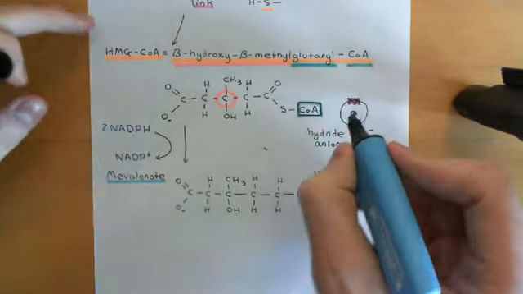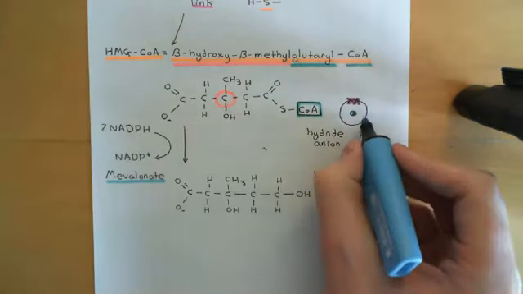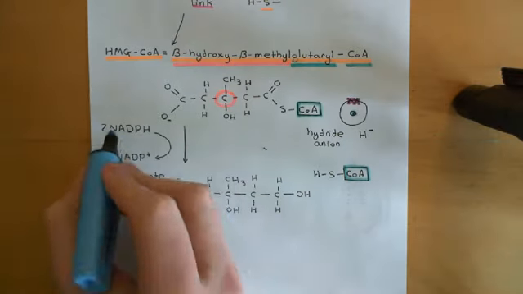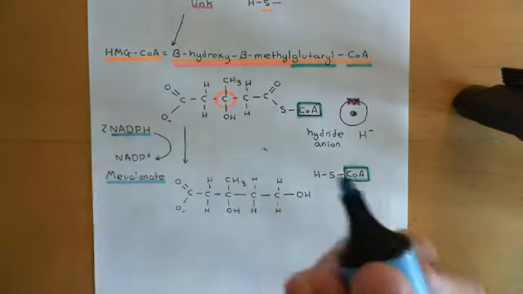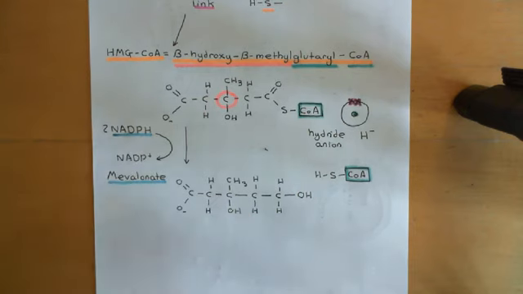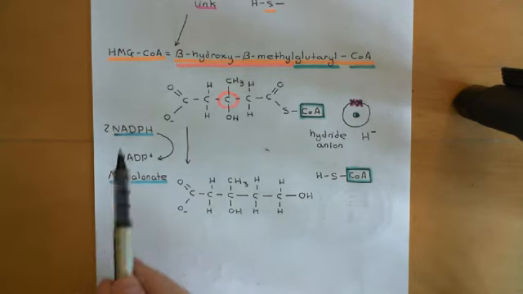Now, the normal unreduced NADP molecule has a positive charge. Therefore, when you combine it with the hydride anion, it becomes neutral, and that's what's denoted here by NADPH. This is the normal NADP without the hydride anion, with a positive charge. That positive charge will be neutralized when you add on the hydride anion, and it will become this reduced NADP here.